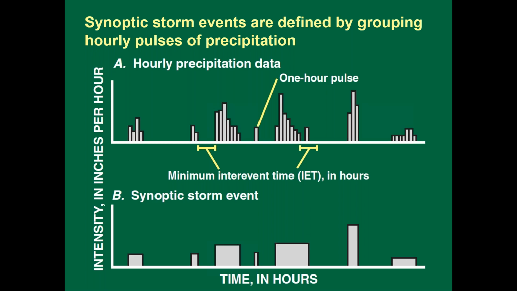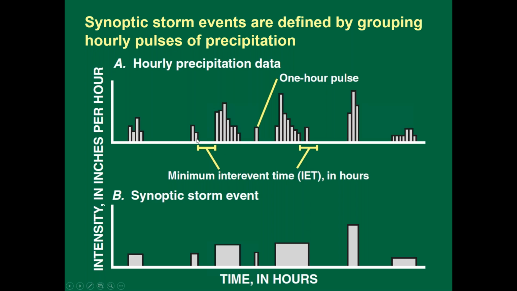So SELDM uses the EPA Synoptic storm event. These precipitation statistics defined by EPA are: you take hourly precipitation data and you lump them together by using this minimum inter-event time. So you have all these 1-hour pulses.